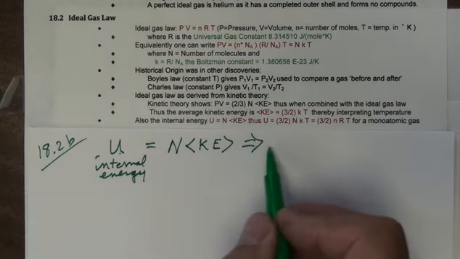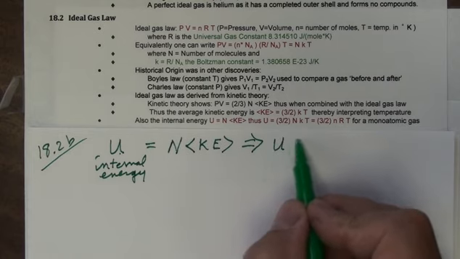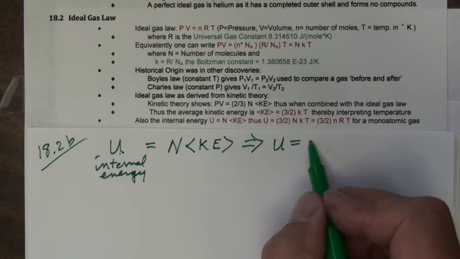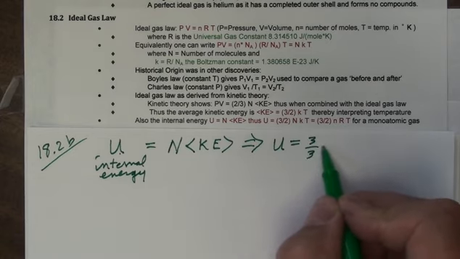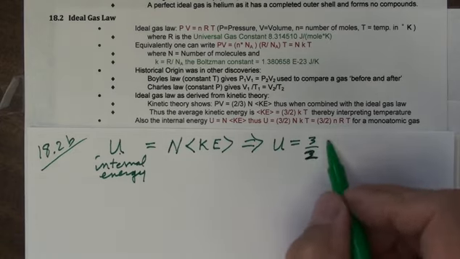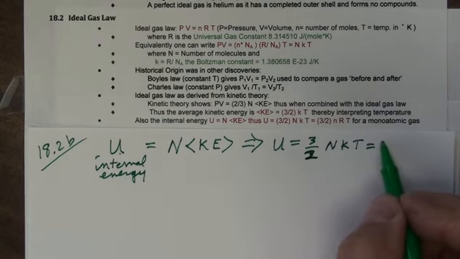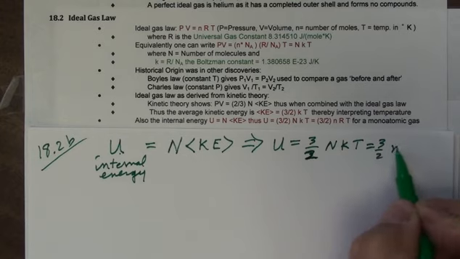Therefore, it follows from that, or this implies, that the internal energy that's within something, which is kind of comparable to the heat, you might say, is going to be 3/2 of NKT, or equivalently 3/2 of nRT.